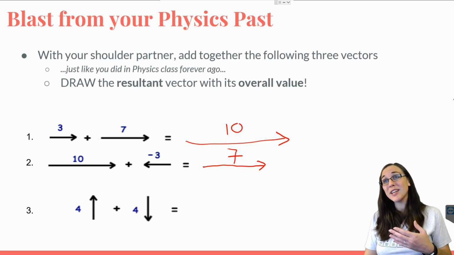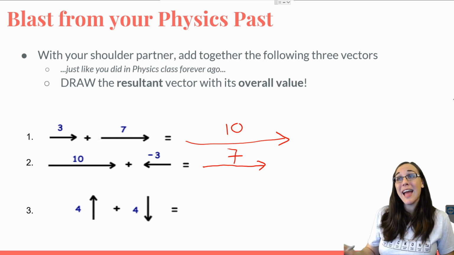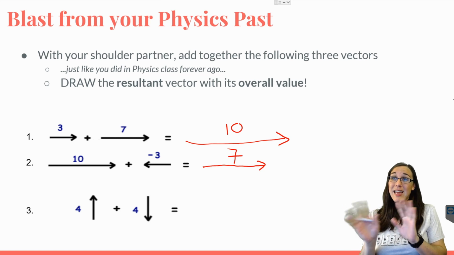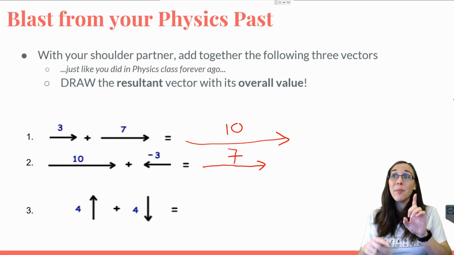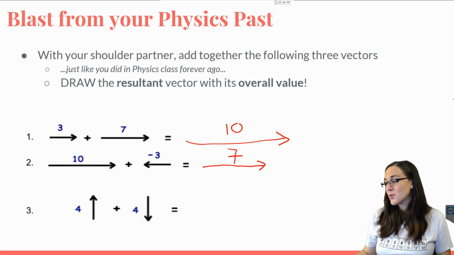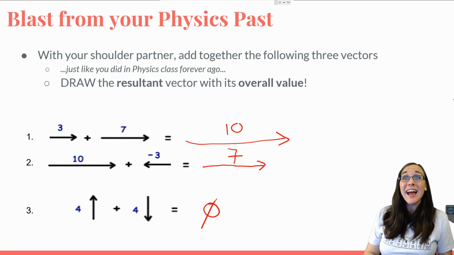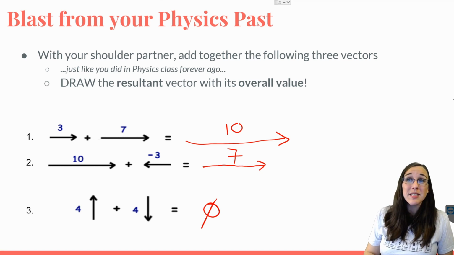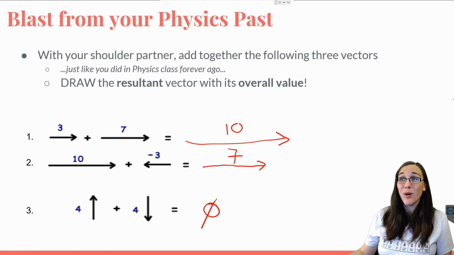If we're looking at up and down, you could also do side to side, either way, but they're the same value, so 4 going up, 4 going down, this is a case where they cancel each other out to 0. Nothing. I.e. a nonpolar bond. So when you have two dipoles that are pointing in opposite directions with the same values, then you have 0. You have a nonpolar bond.